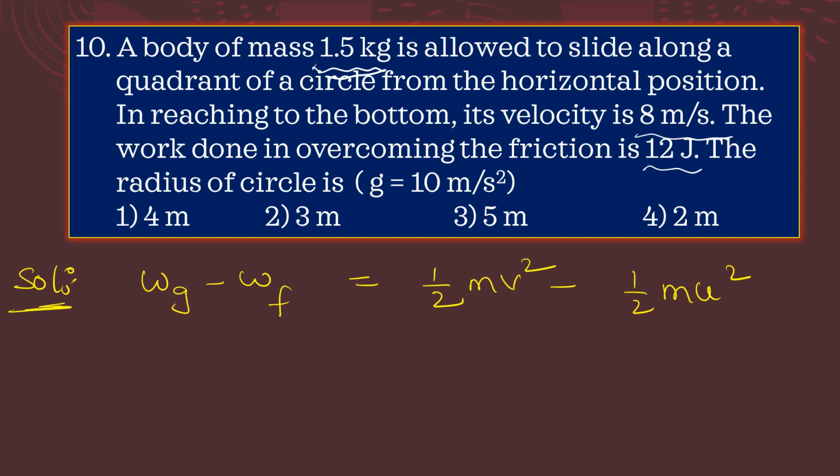Here this is a body and this is a quadrant of a circle, with radius r.